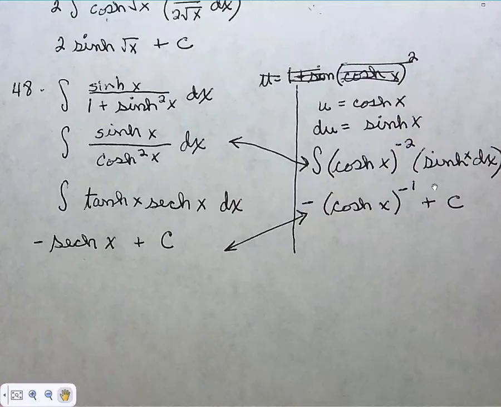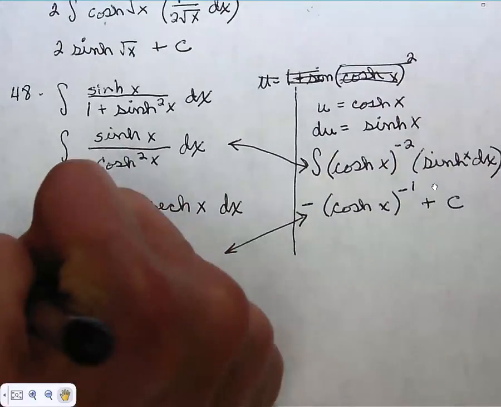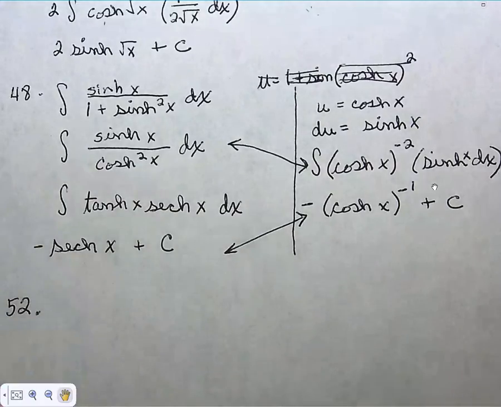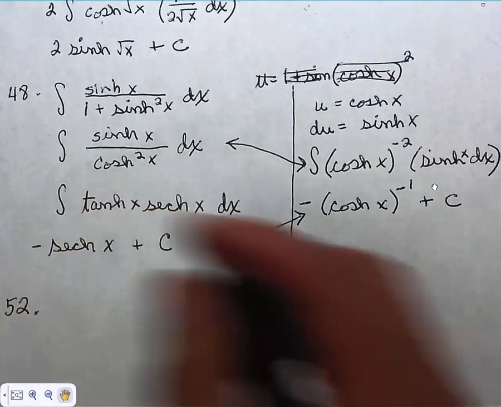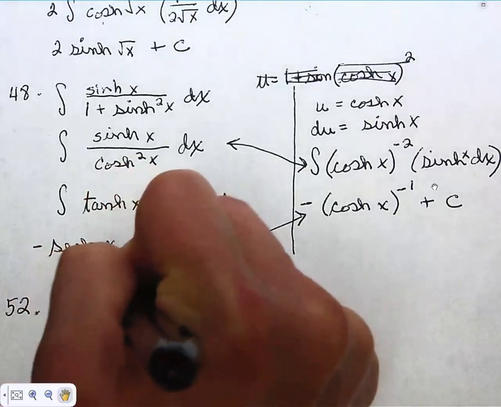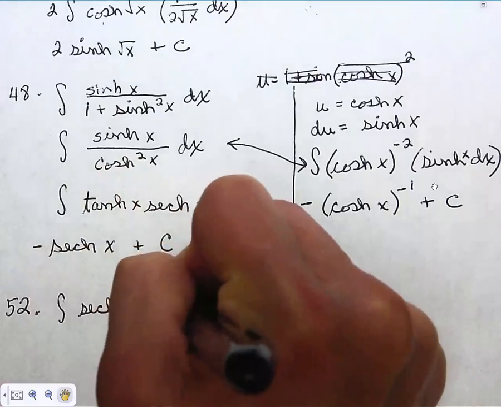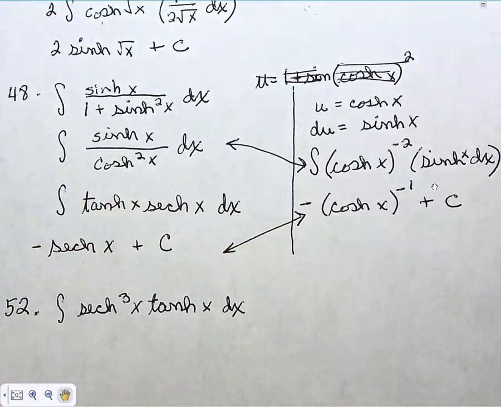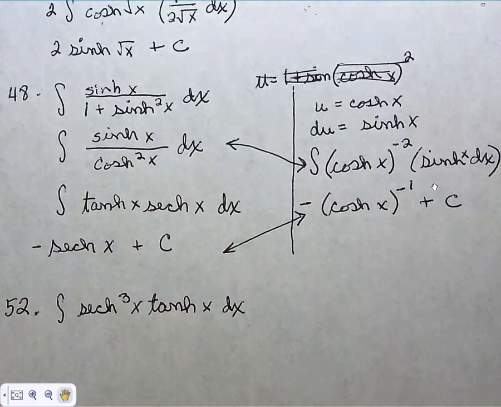Alrighty. What about 52? Well, 52 is going to be easy if we did 48 Sam's way, then 52 is very much like it. Anybody have any ideas?